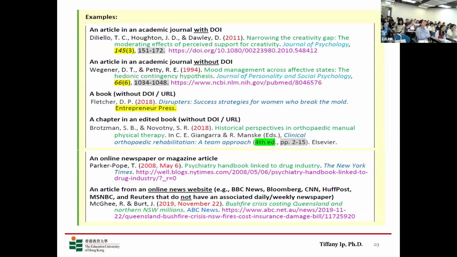Okay, the first one. So in the main text, do you still remember? Here, let's count it. How many authors do we have for this one? The first three, yes. Then can anyone try to write down, maybe in your handout or talk to your neighbor, if it is within your text, the citation, how you would present this?